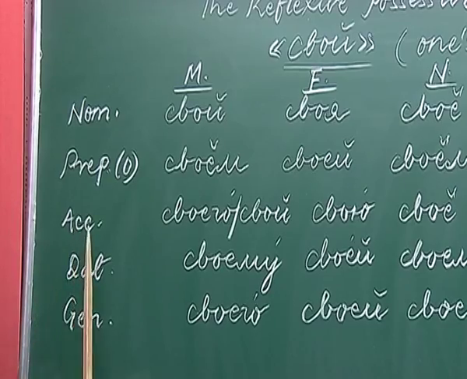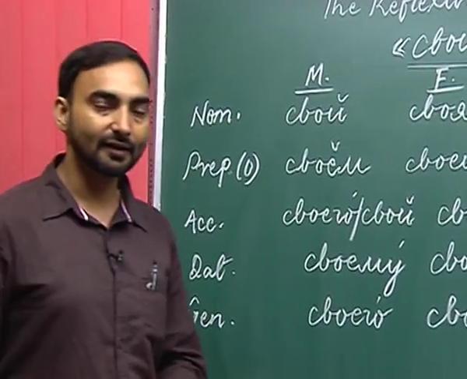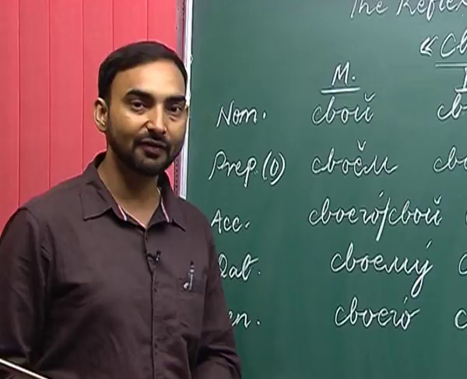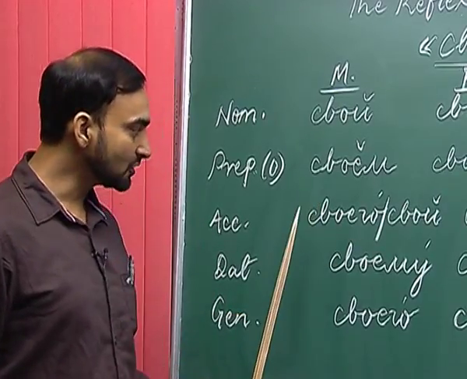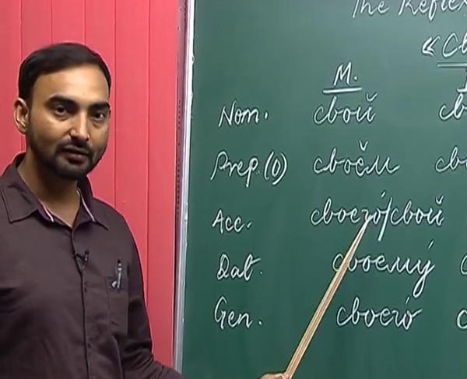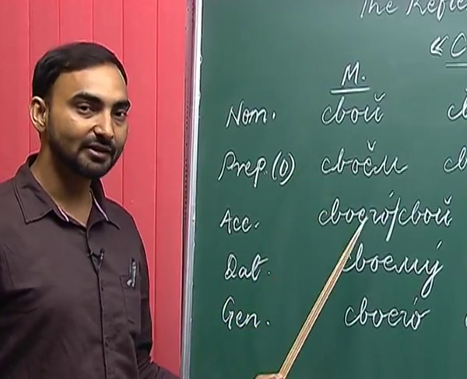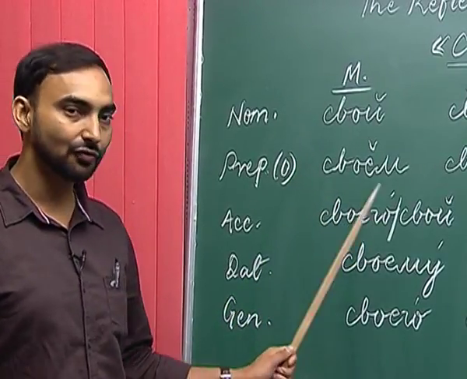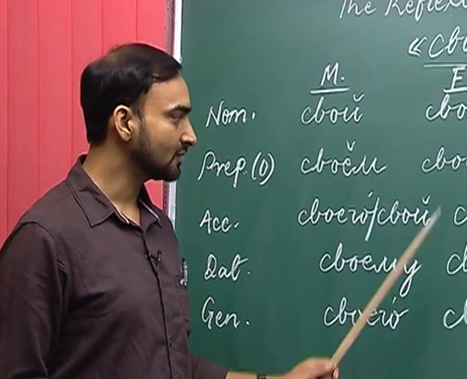The next case we have is accusative. Accusative we have already discussed, there is a distinction between the animate and inanimate nouns. That is why I have written two forms in the masculine. Своего denotes the animate nouns. So, своего will be used with animate nouns and свой with inanimate nouns.